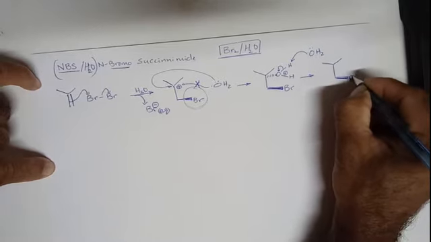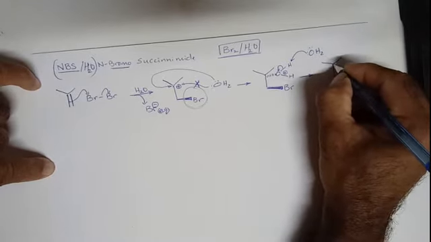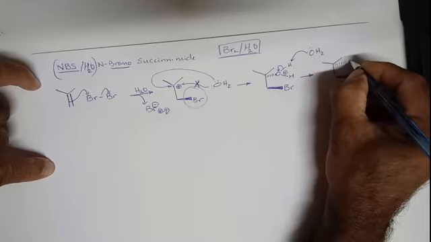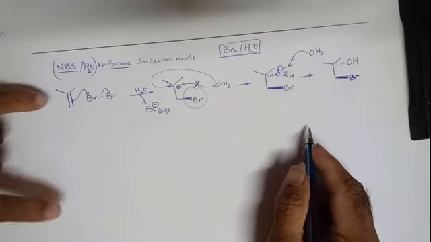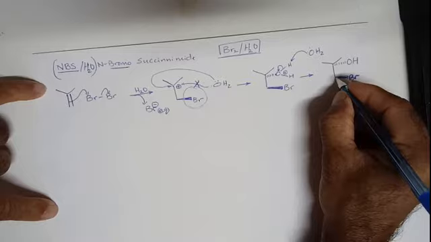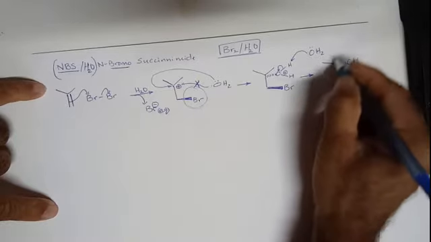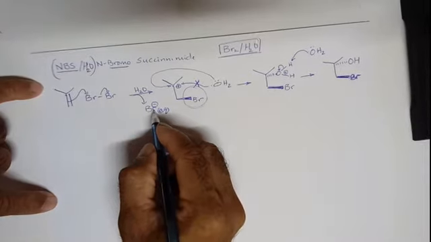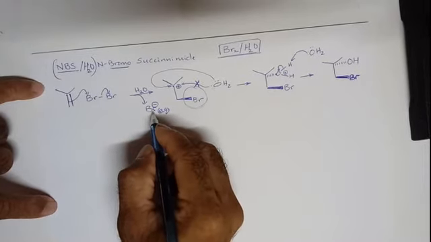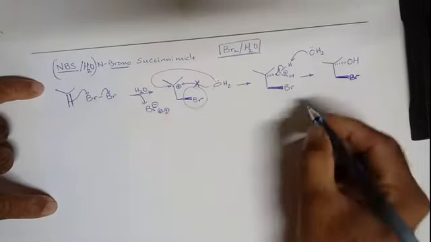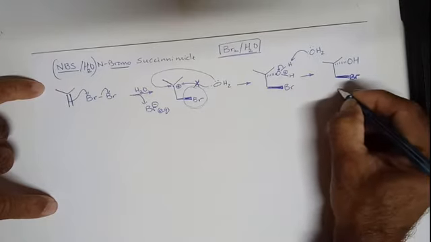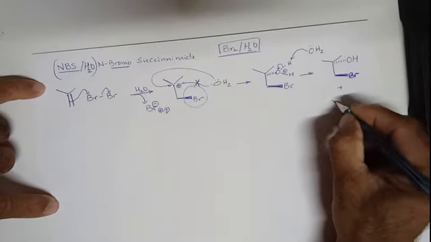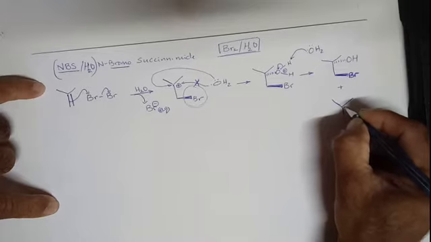So there is a problem if we use this method. What is the problem? The problem is we are assured that we are going to get the majority of the product like this. However, that bromide can still function as a nucleophile on rare occasions, and it can produce a minor product of dibromo.